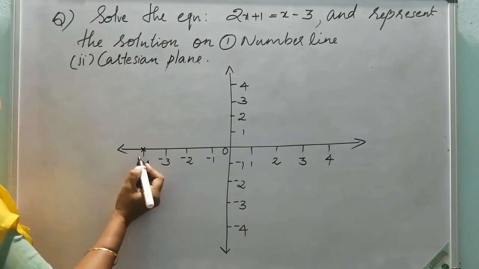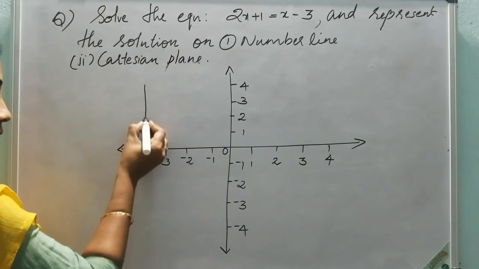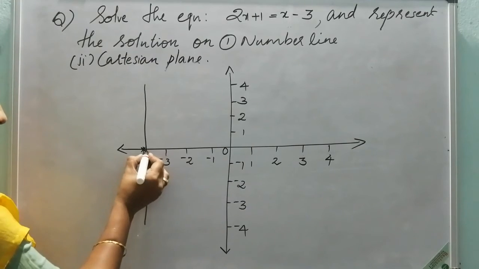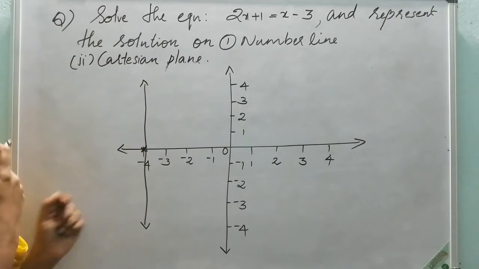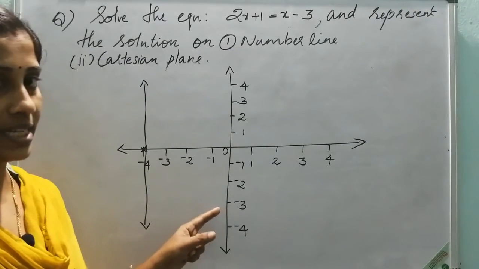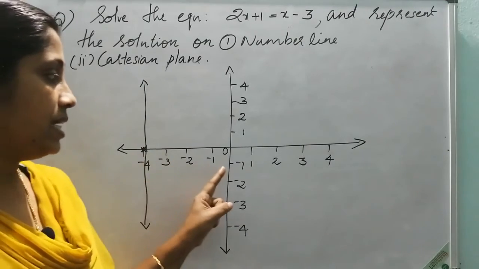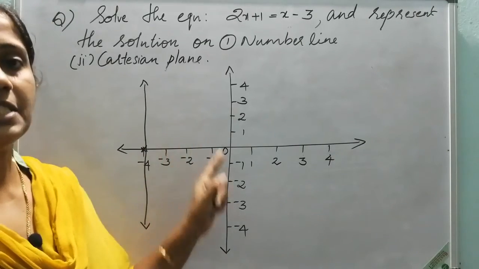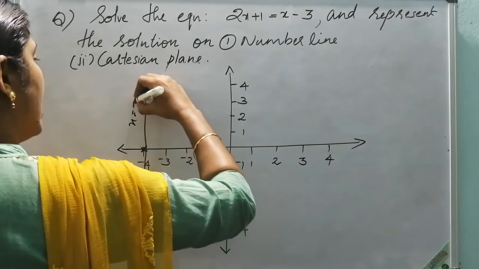At x is equal to minus 4, we have to draw a straight line through minus 4, and that will be parallel to the y axis. This is x is equal to minus 4.